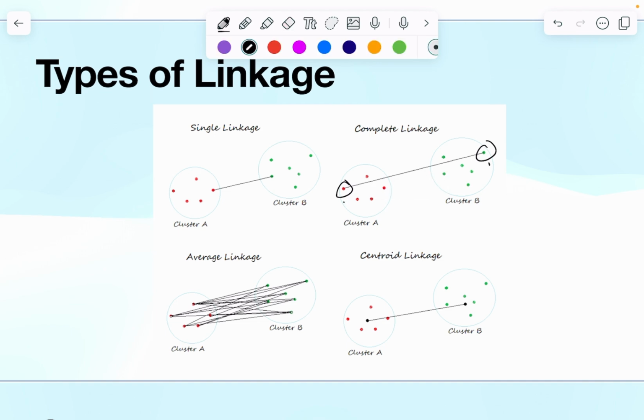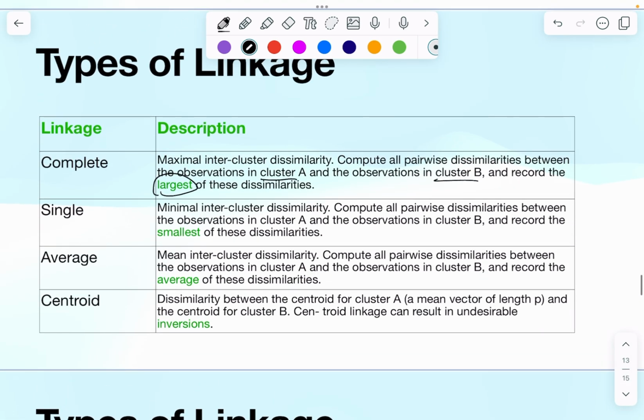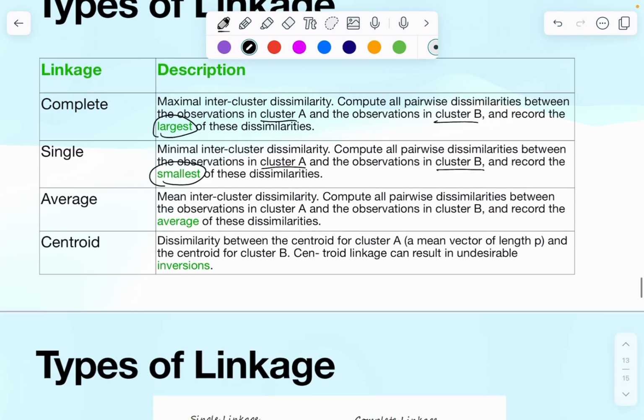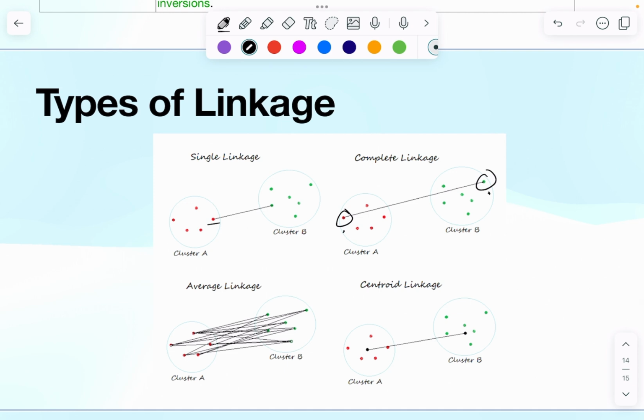They are very far from each other, so you take the distance of these 2 points as the cluster distance. For single linkage, you also calculate the distances from cluster A to cluster B, and then you find the smallest one, just like this. So you choose this distance as the cluster distance.